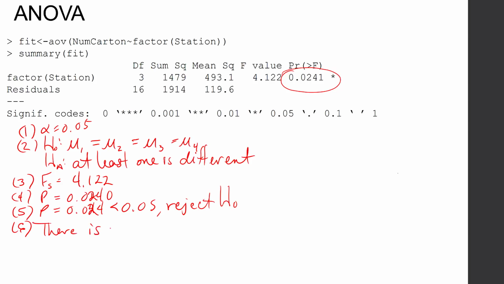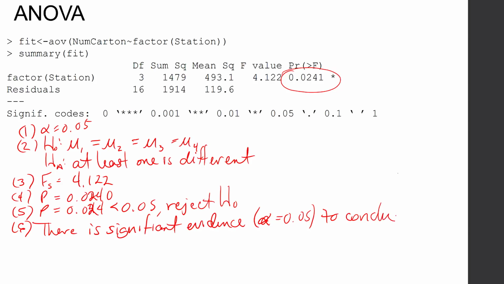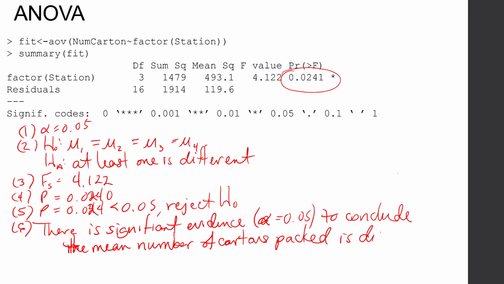So there is significant evidence at the alpha equals 0.05 level to conclude the mean number of cartons packed is different for at least one of these stations.